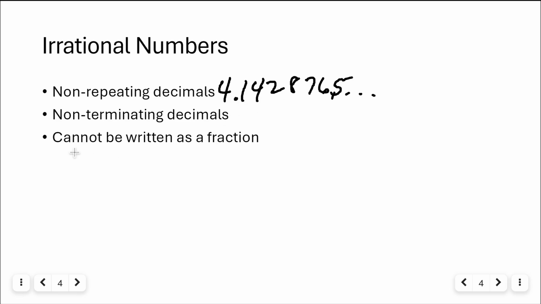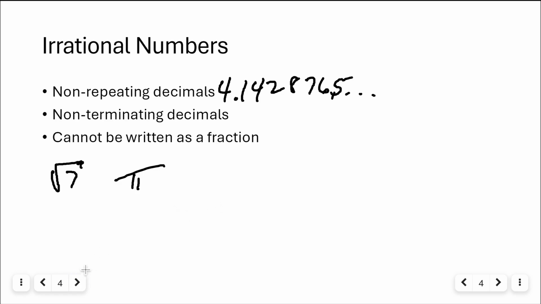And then there are numbers that cannot be written as a fraction. Like square root 7 can't be written as a fraction. I don't know what the square root of 7 is. I have no idea. It's not a square root that you know off the top of your head that gives you a whole number. Pi cannot be written as a fraction. That's a good non-terminating decimal, right? It just keeps going on forever. Those are the kinds of numbers that we're talking about.